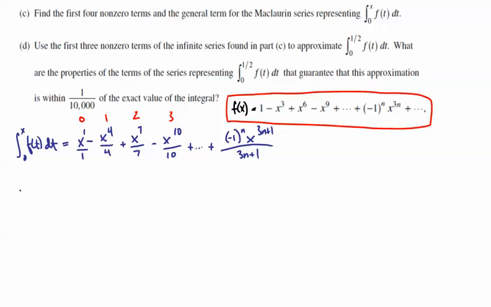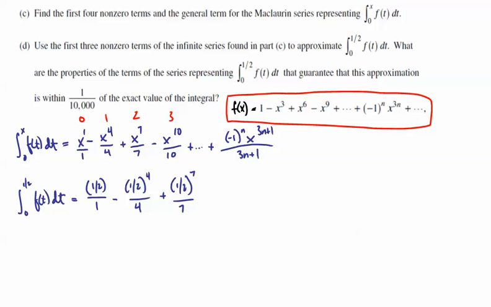So the integral from 0 to 1/2 of f of t dt really just means to put in x equals 1/2 into the integral that we found above. 1/2 over 1 minus 1/2 to the fourth over 4. And we want to use the first three non-zero terms, plus 1/2 to the seventh over 7.